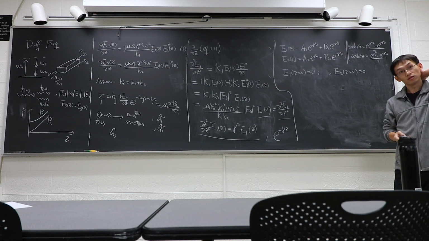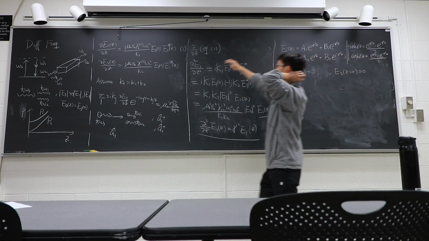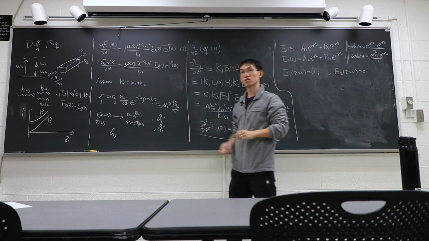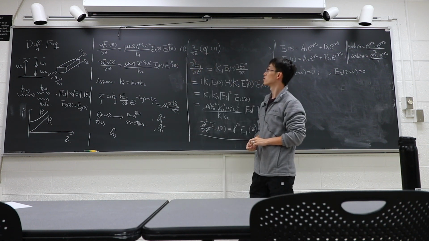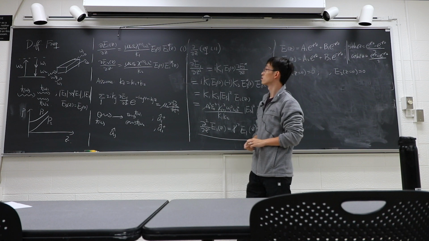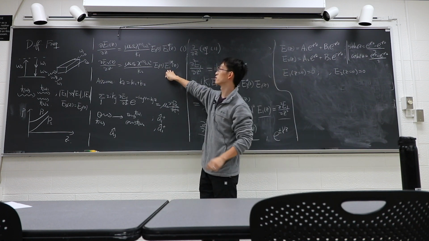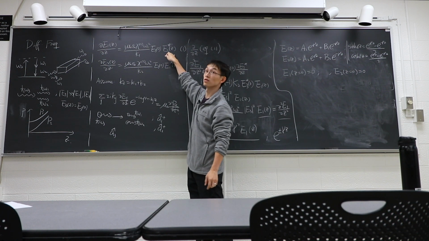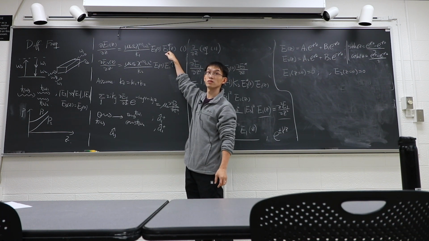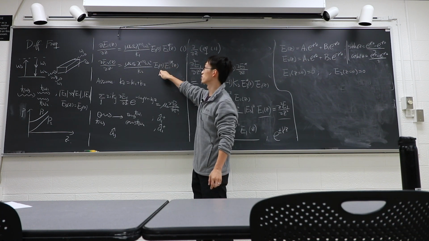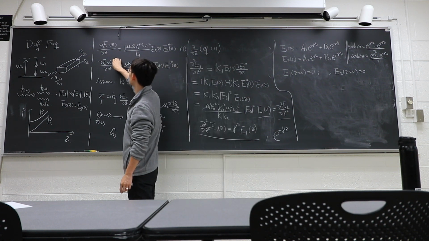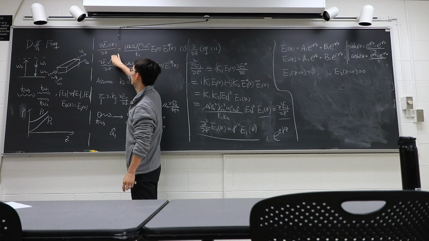Then what's the solution to this equation? Just look at here. You don't need to solve anything. So this term becomes 0 at position 0. This term is also 0 at position 0. Right? So you now get at position 0 that E1 and E2 are 0.